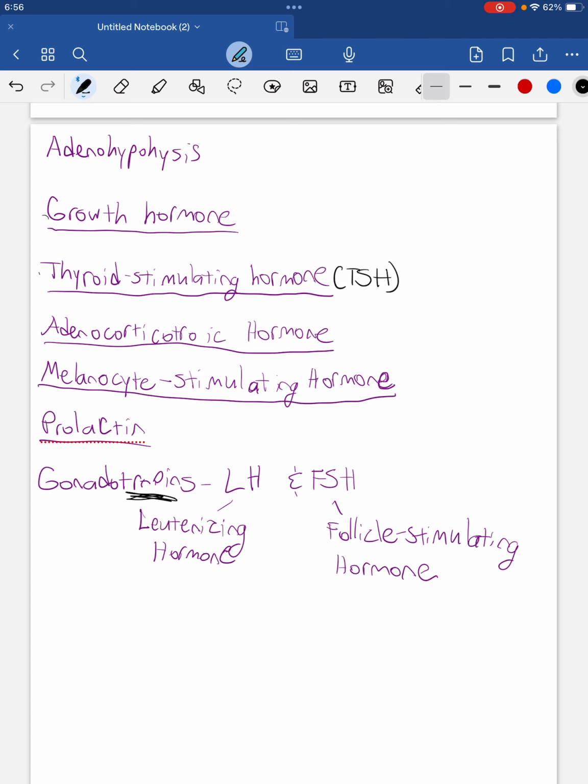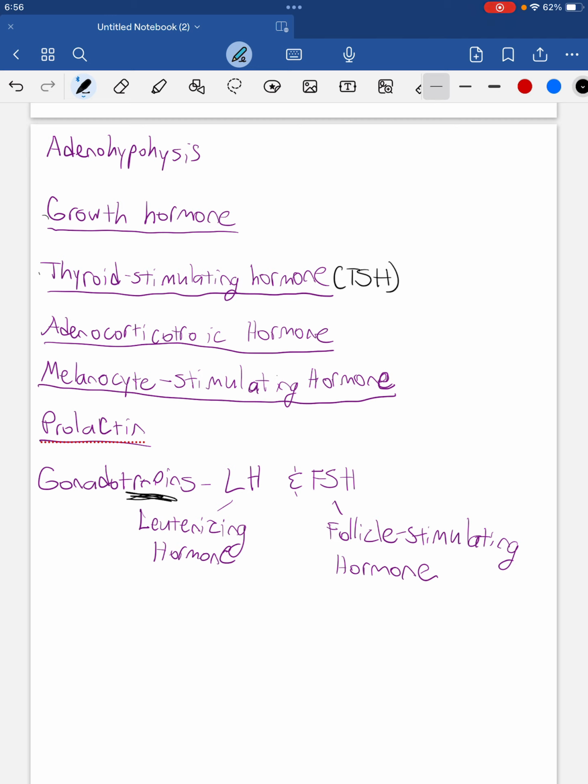T3's full name is triiodothyronine, and T4 is thyroxine. So TSH acts on the thyroid gland, telling it to release those 2 hormones, and those increase our basal metabolic rate or our metabolism.